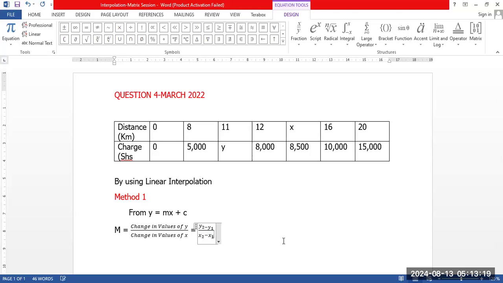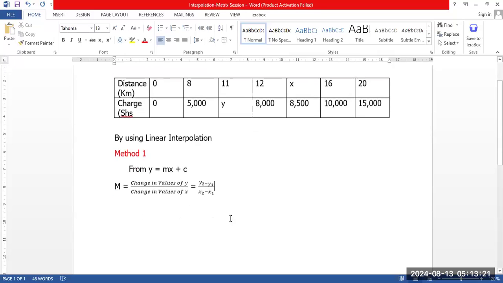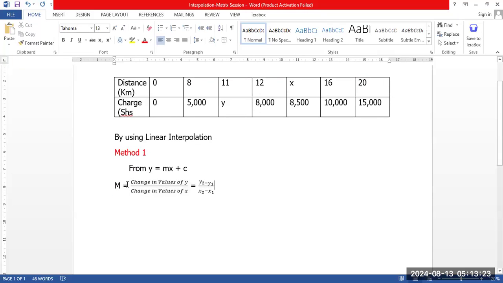That is basically our gradient. That's how we get the gradient.